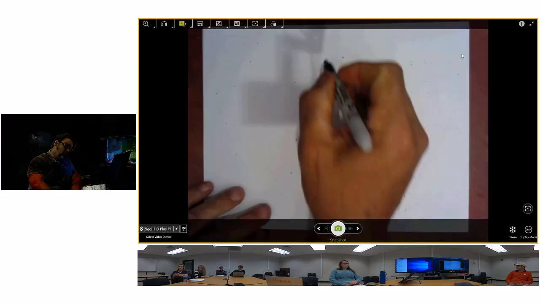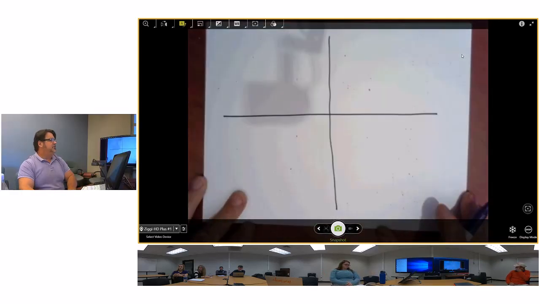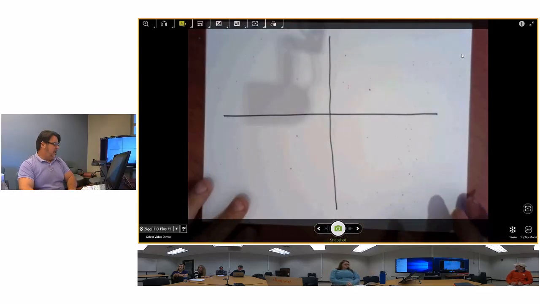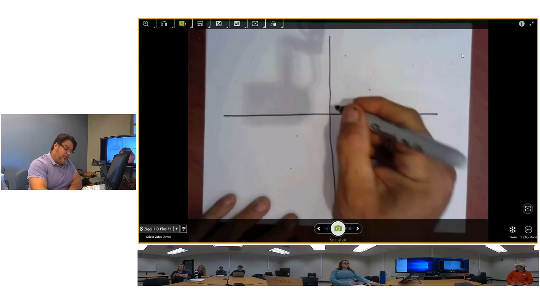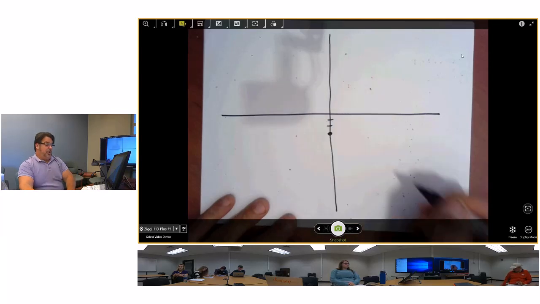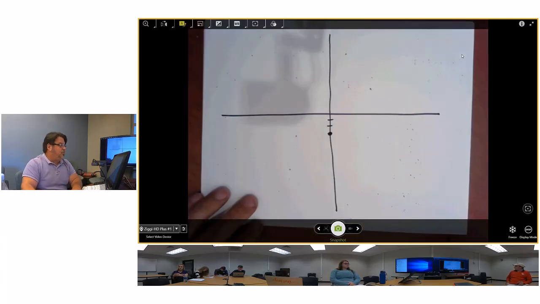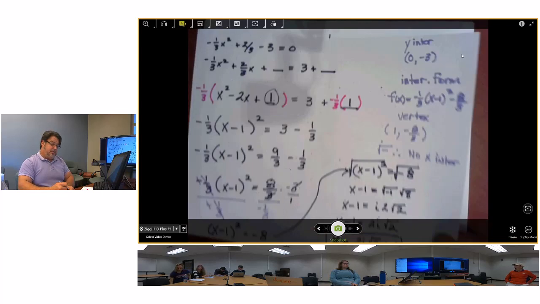Well, you've learned that now we can take any graph that you give me as a quadratic, and I can graph it. Now, (0, -3) is our y-intercept. We know this function is negative, so it's open in which way? A is negative.